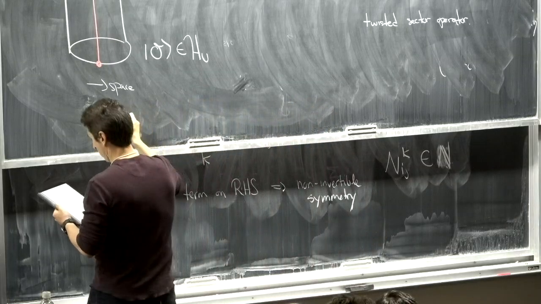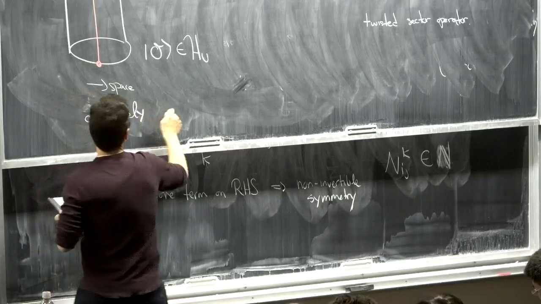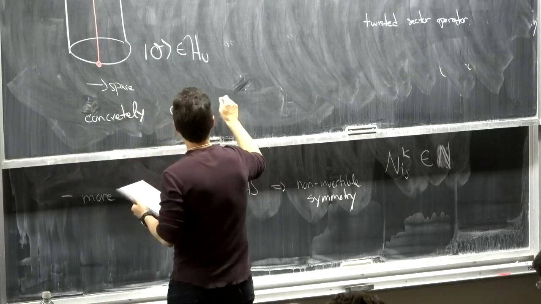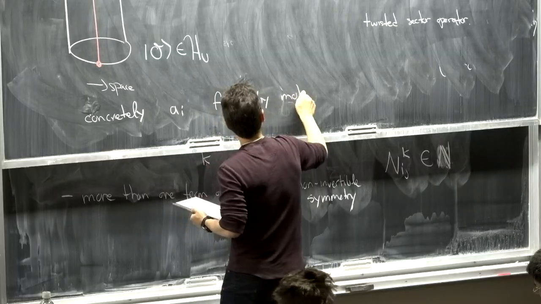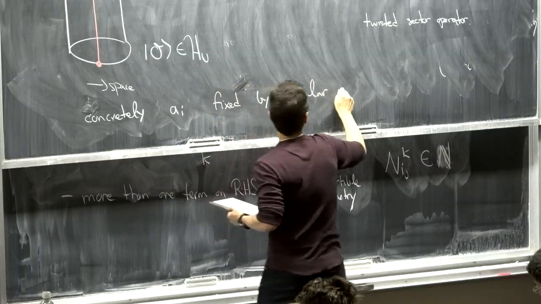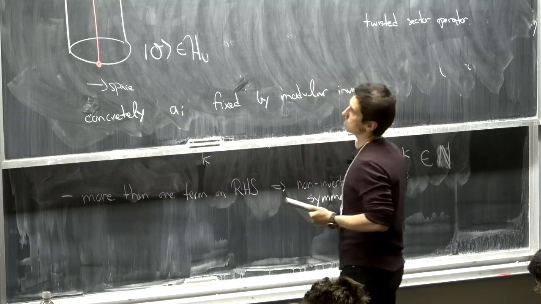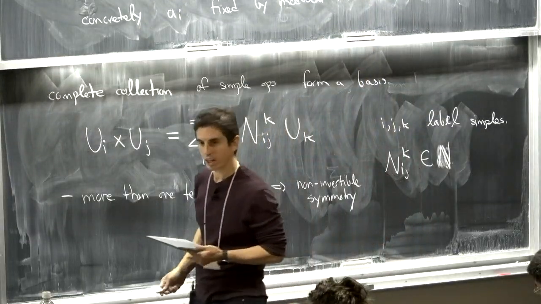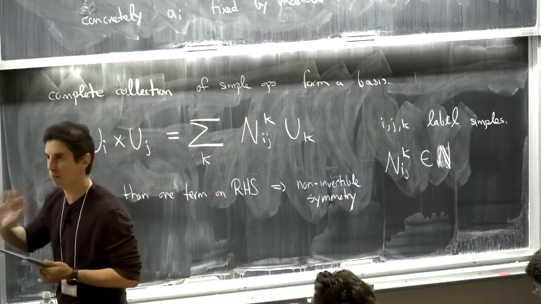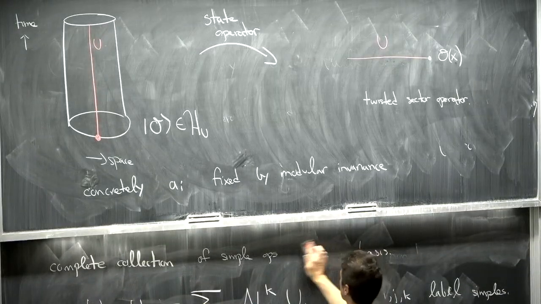So, OK, concretely, the a_i are fixed by modular invariance. To use this, you need to know the partition function of the Ising model. That is a well-known thing that you can look up in many textbooks. Let's see how we would use it.